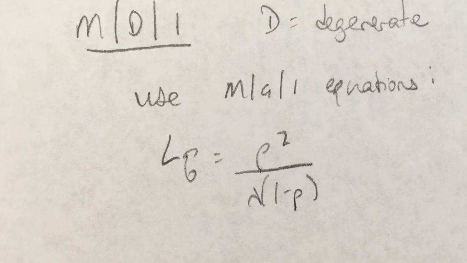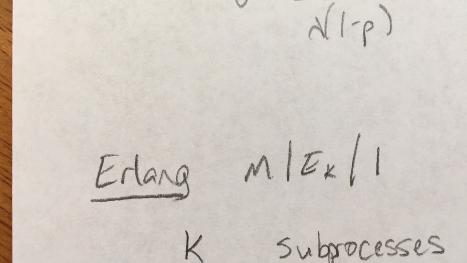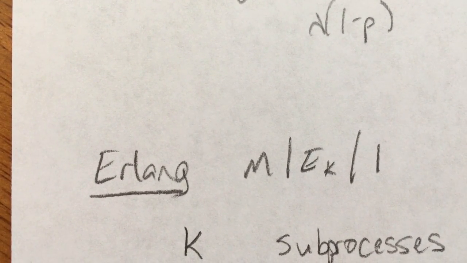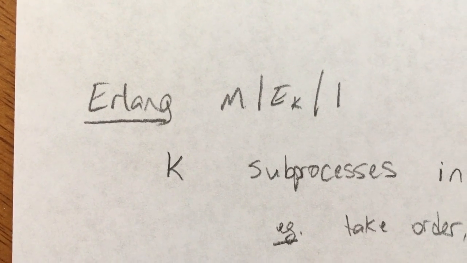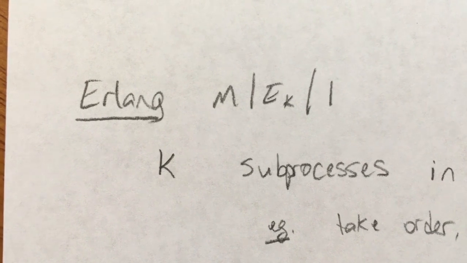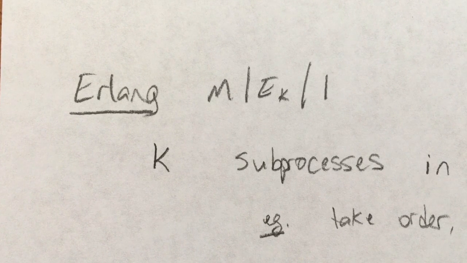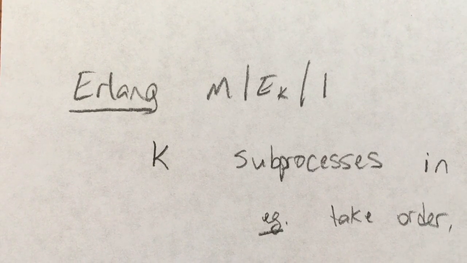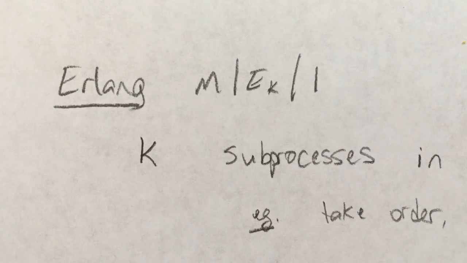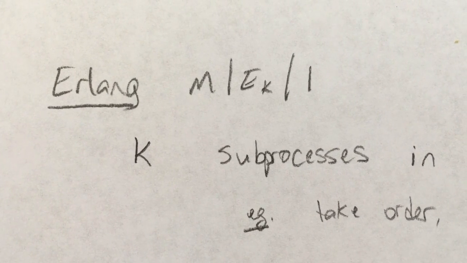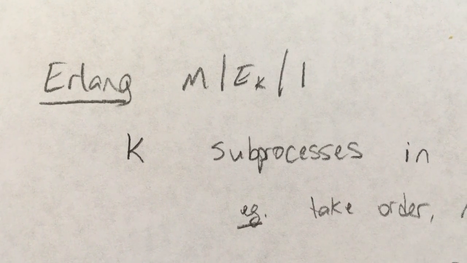Okay, one more, Erlang. Erlang is an M/E_K/1. So what is E_K talking about? Well, in a system where we're going to use the Erlang, you have K subprocesses in your service. So it's K tasks that have to happen sequentially. So let's say you walk into a coffee shop and there's only one person working, and that person is going to take your order and then make your order and then doll it up to serve it to you.